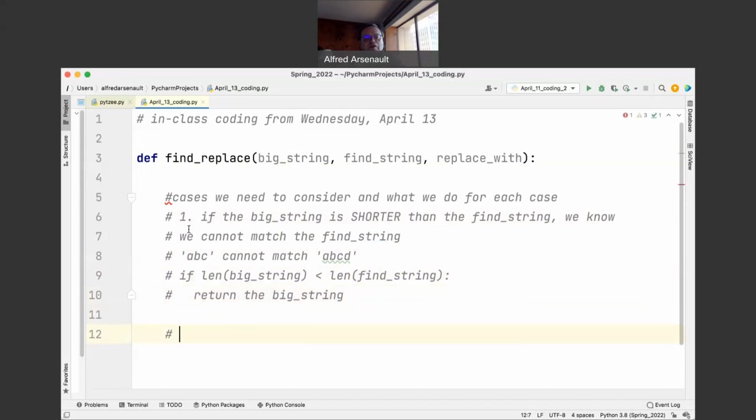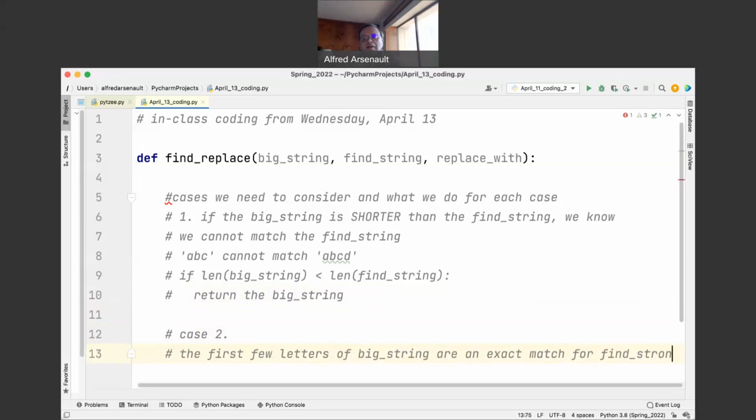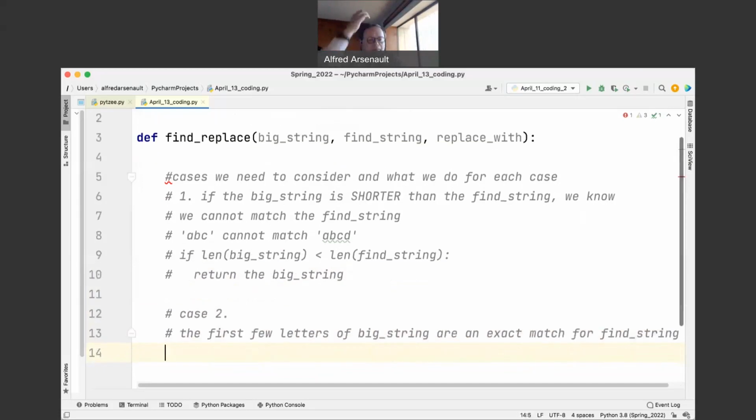Now let's consider case 2. Case 2 is that the first few letters of big string are an exact match for the find string. In other words, we found what we're looking for. It's an exact match. This is what we need.